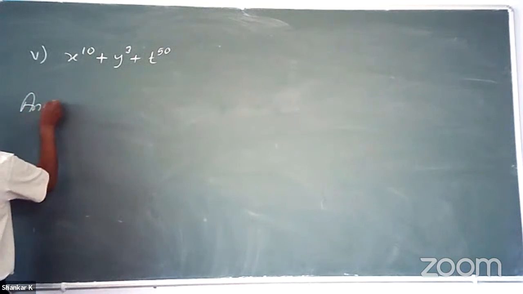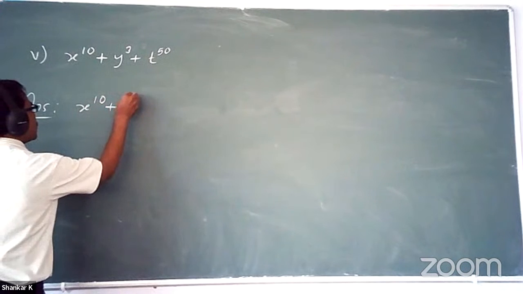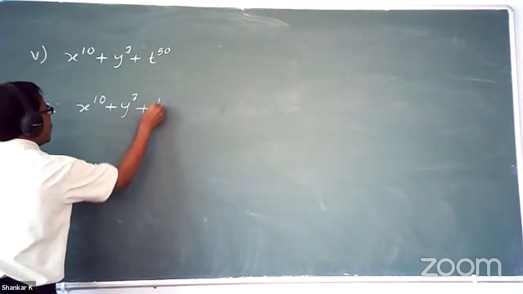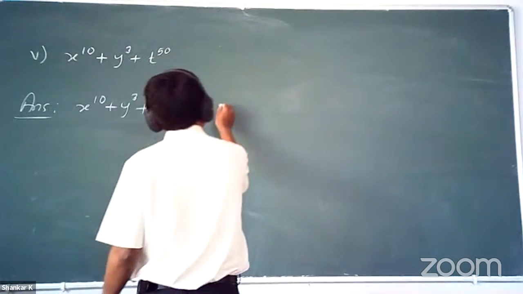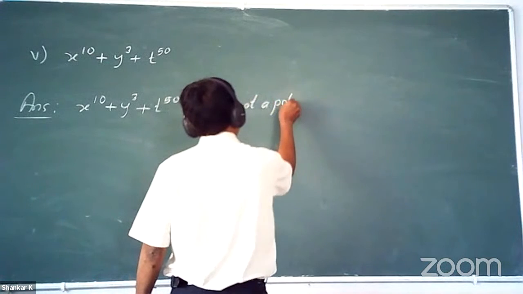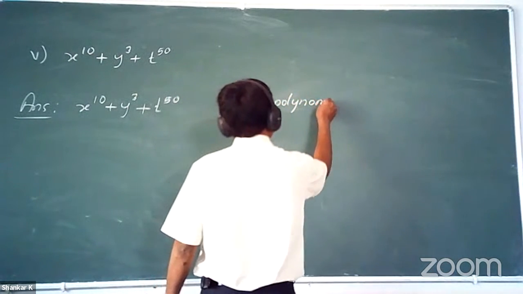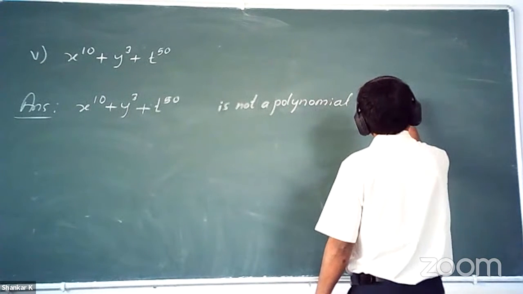Answer: x raised to 10 plus y raised to 3 plus t raised to 50 is not a polynomial in one variable.